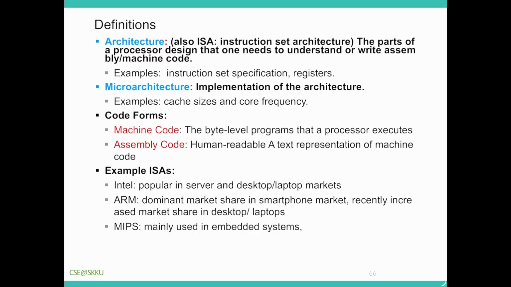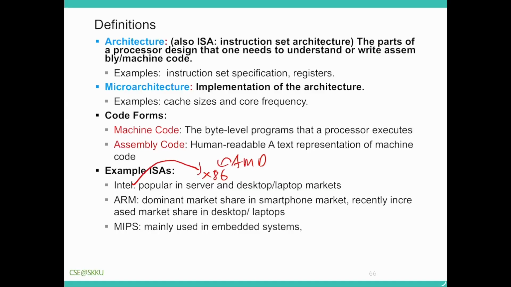So regarding the differences between architecture and microarchitectures, we can explain it using the commonly available ISAs. So for example, Intel is dominant in server and desktop markets, and Intel has this x86 architecture. But if you're interested in building your own PC, you probably know that AMD also makes the x86 processor, right?